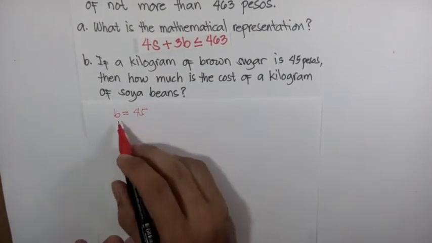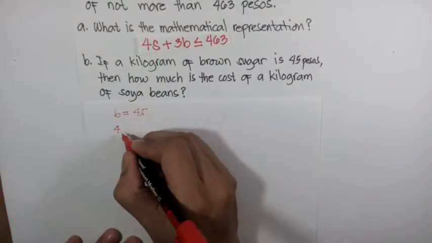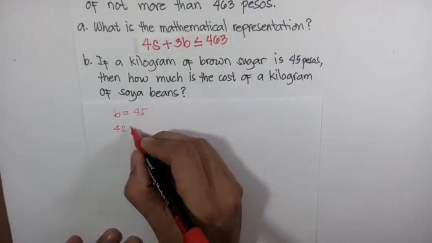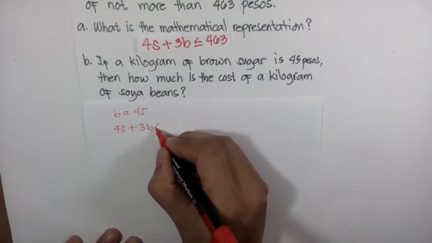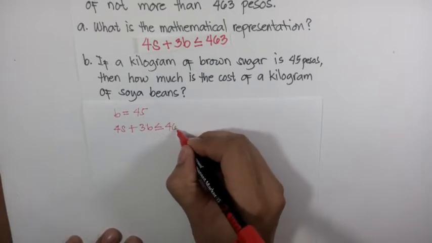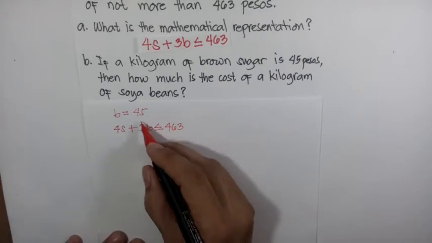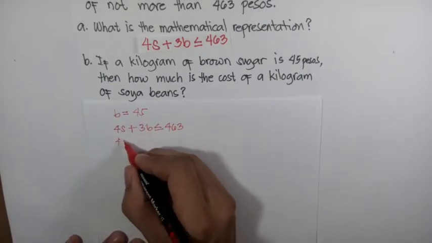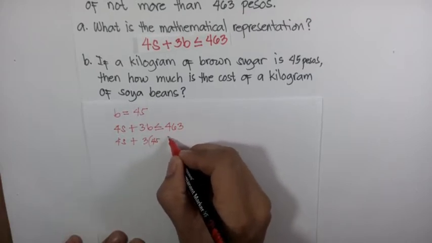Let's copy the inequality that we have: 4S soybeans plus 3B brown sugar is less than or equal to 463. We will replace the brown sugar with 45. So you have 4S plus 3 times 45.